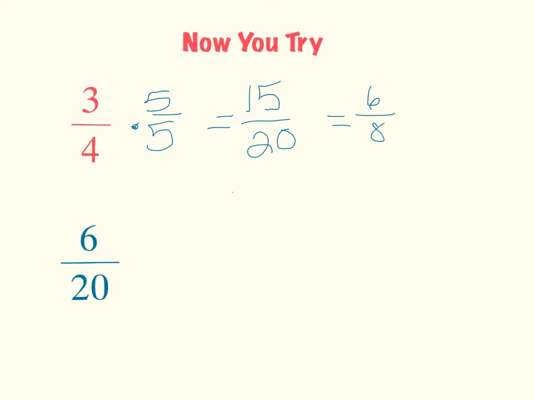Now, if I'm looking at 6/20, I may want to divide this by 2/2, which is 3/10, which would be its simplest form. So this is saying that 6/20 is equal to 3/10.